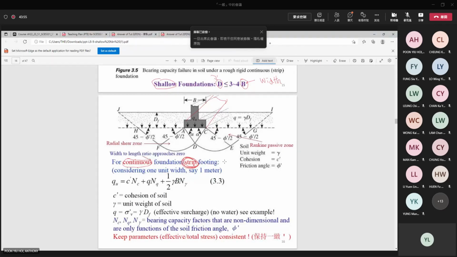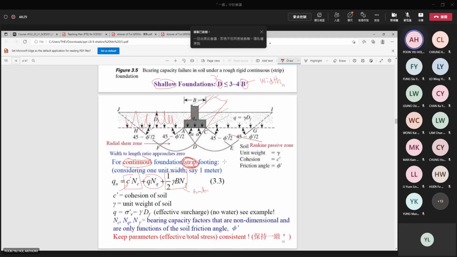So this is the first component. You can see it has to do with the cohesion, and then there are other components. One is related to the friction, and one is related to what we call overburden.